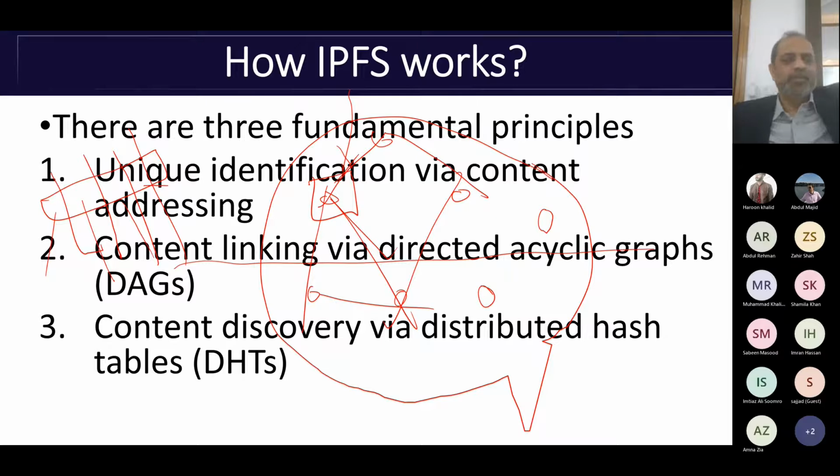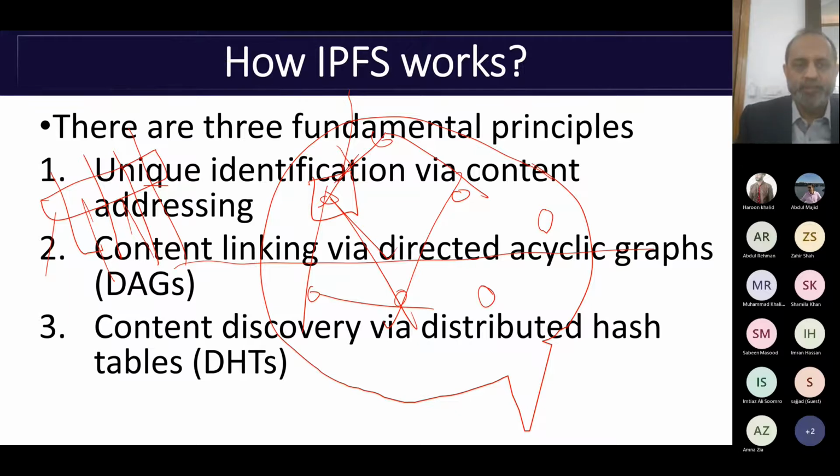One piece goes somewhere, another goes somewhere, the third goes somewhere else. And then there is a table which tells the hash of this, hash of this, hash of this, and the address. So this particular component is on this peer node, right?